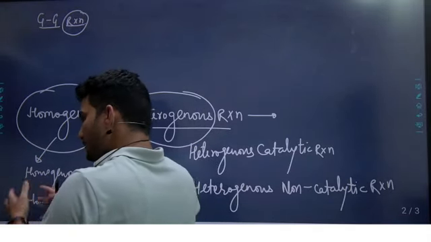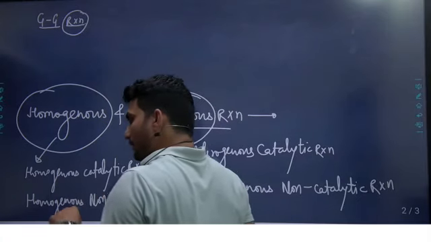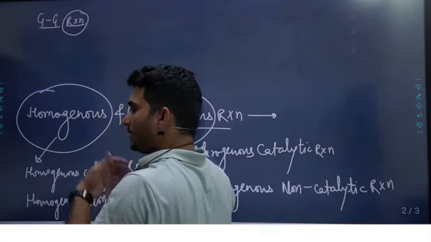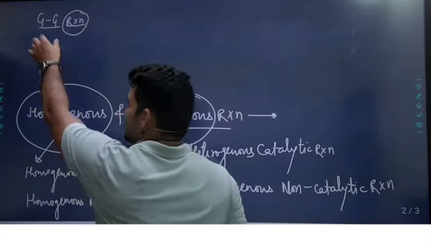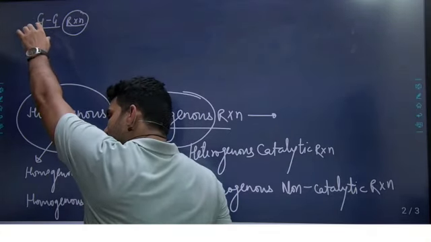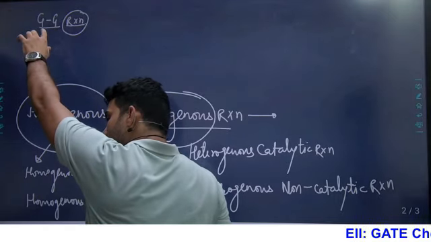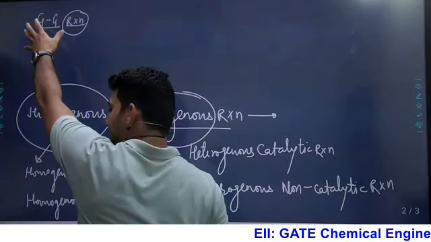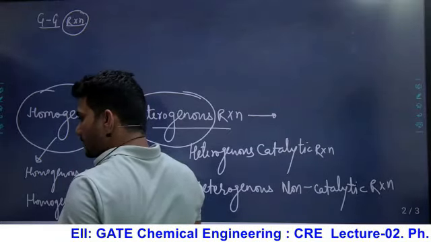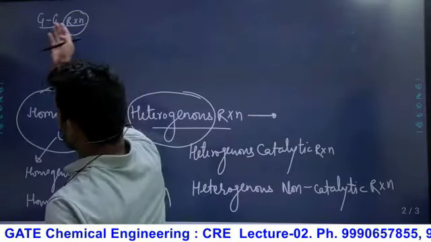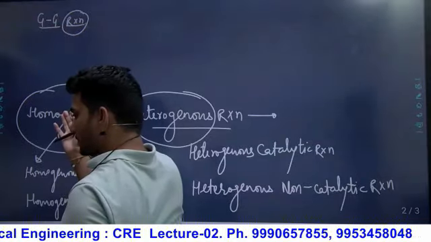Same case for gas: when you fill it in any vessel, it will gain the shape of that vessel. So gaseous molecules, meaning the reactants, are easily available for the reaction. So a gas reaction is a homogeneous reaction.